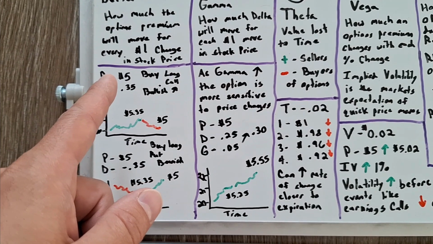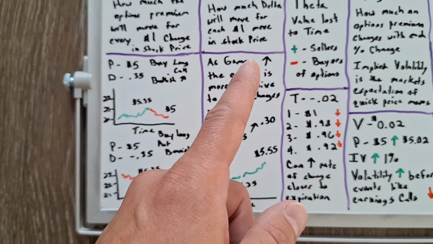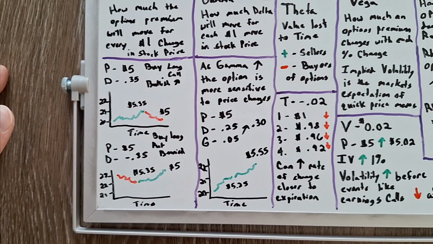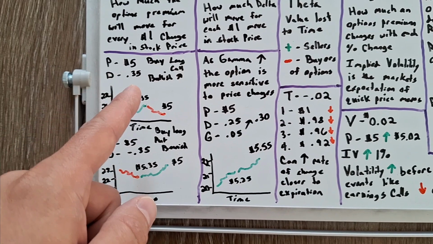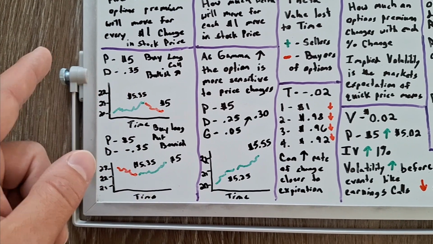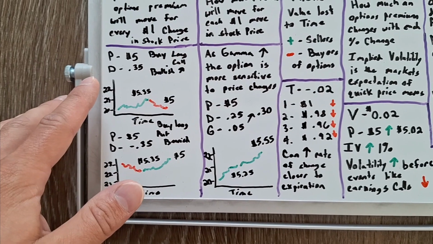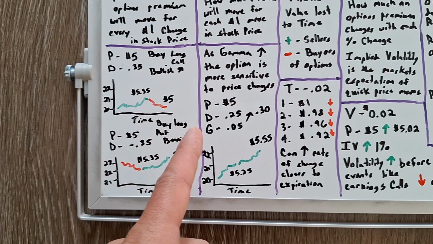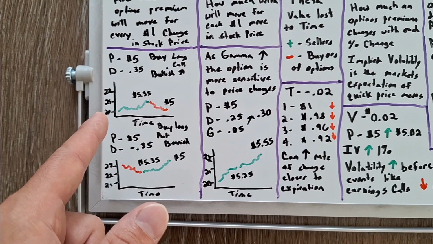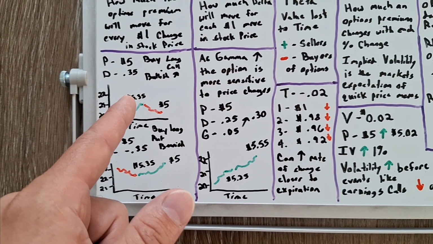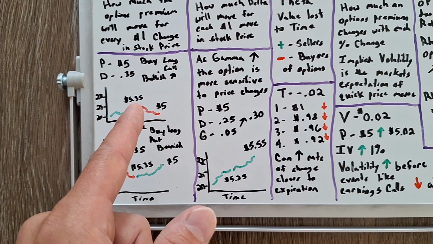So you have your options premium, and let's say you buy a long call option, which means you're bullish on the market. You believe that the price will increase over time. So your delta is 0.35. What this means is that if your price goes from $20 to $21, with a delta of 0.35, it's going to increase by 35 cents.